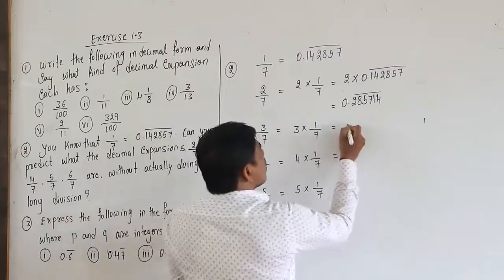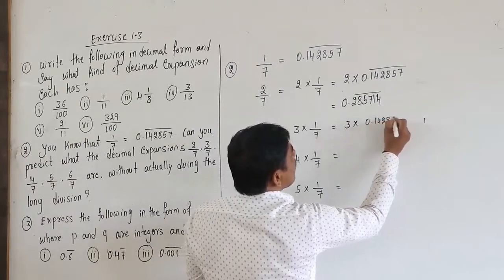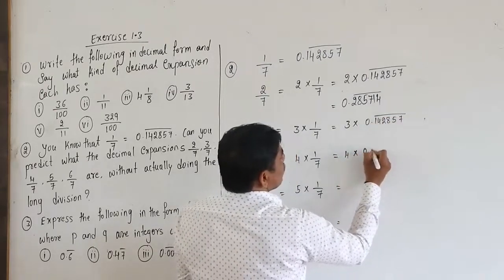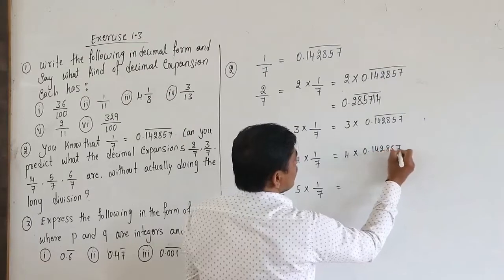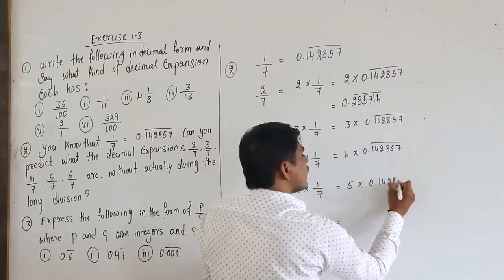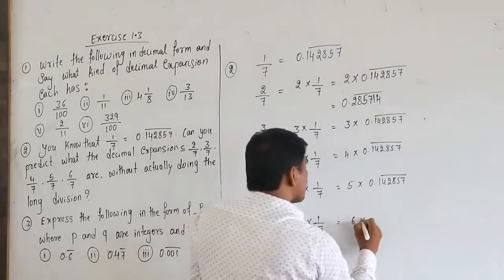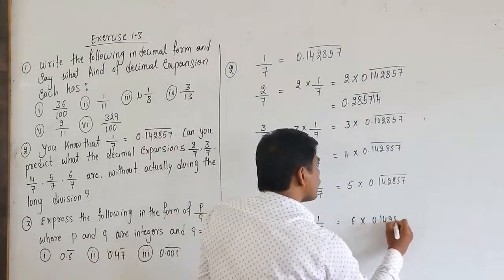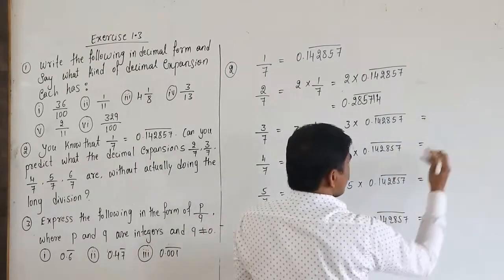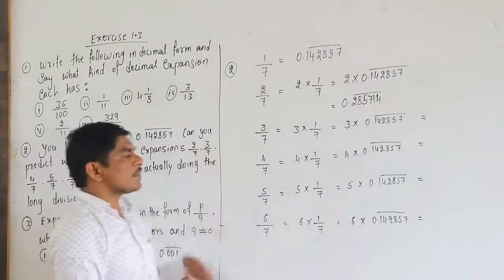Now here you write 3 into 0.142857 bar, and here 4 into 0.142857 bar, 5 into 0.142857 bar, where the 1 by 7 value you put here, then 6 into 0.142857. Then you multiply these values and you get the result. This is also homework.